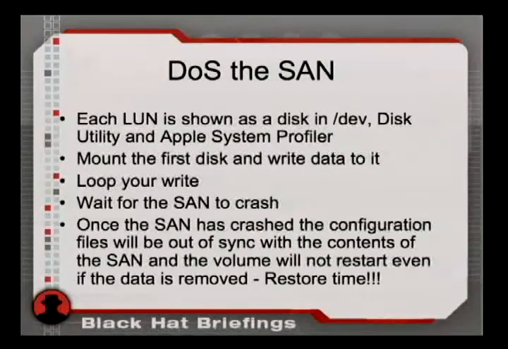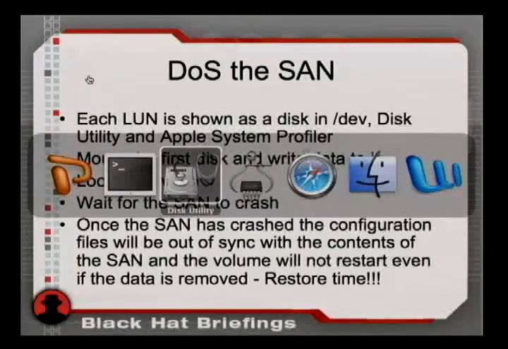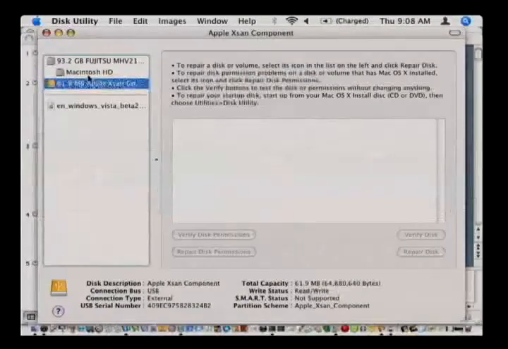All right, so if the metadata LUN is destroyed, then obviously the SAN won't function anymore. Each LUN is shown as a disk in the /dev directory. If you don't know which disk each LUN is, you can look in Apple System Profiler or in Disk Utility.